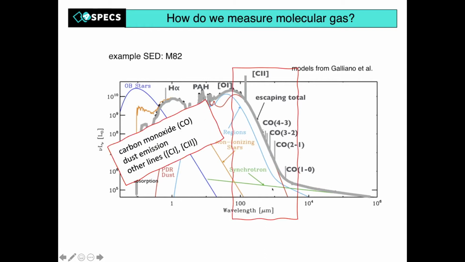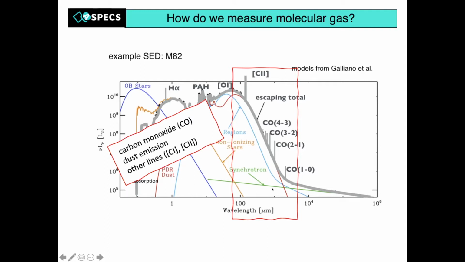These lines, particularly in the sub-millimeter regime, are key to actually constrain the cold ISM. Most of these emission lines and the dust features are good tracers of the ISM, molecular gas content and star formation activity.